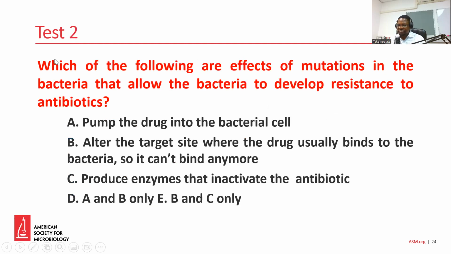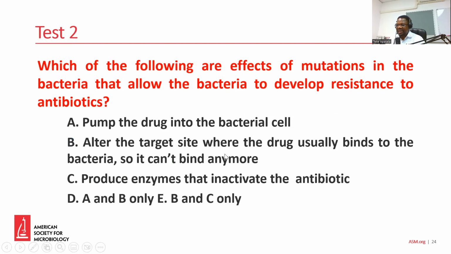In test 2, the question is, which of the following are the effects of mutations in bacteria that allow the bacteria to develop resistance to antibiotics? A, pump the drug into the bacterial cell. Is that the effect of mutation?